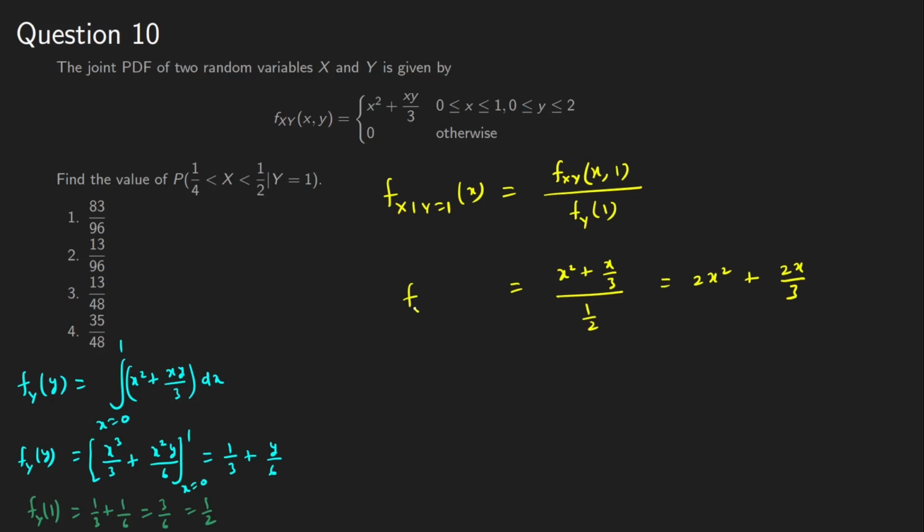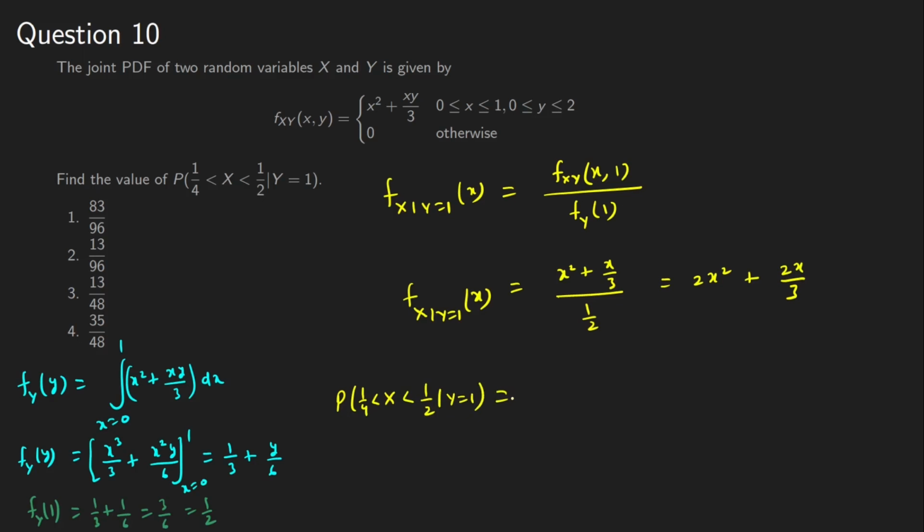So we have found the conditional distribution of x given y equals 1. Now we will be able to find any probability for which the events are given in terms of x. Here we have to find the probability that x will take values in the range 1 by 4 and 1 by 2 given y equals 1.